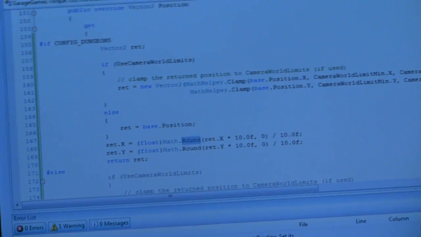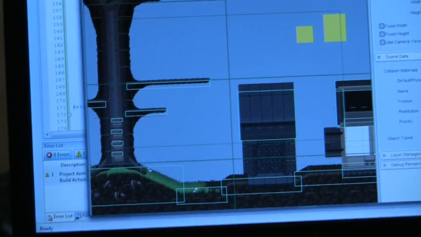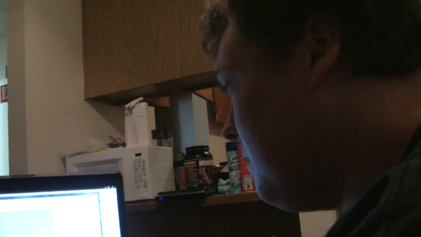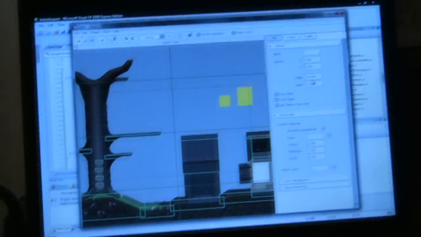Our camera in Cobalt's Quest was set to the width and height 128 by 72. That's a target resolution, 720p, just with a 0 hacked off. So all I do is multiply it by 10, round it, divide by 10, and there we go. We're in pixel coordinates, and it works.